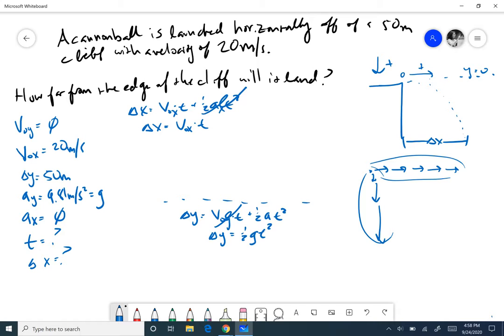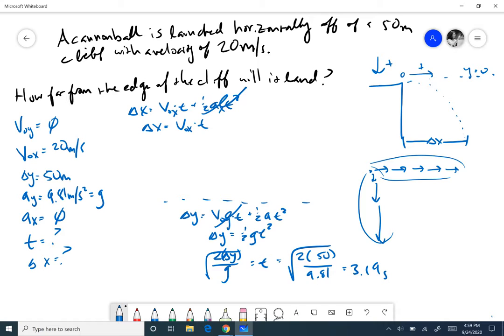I'm looking for t by itself, same process as before, so I'm going to do it fast. 2 delta y divided by g, square root of that is t. If I plug in values, the same values as the previous problem, it's going to end up being 2 times 50 divided by 9.81, which is still that 3.19 seconds.